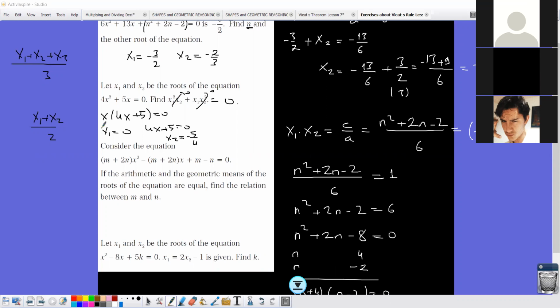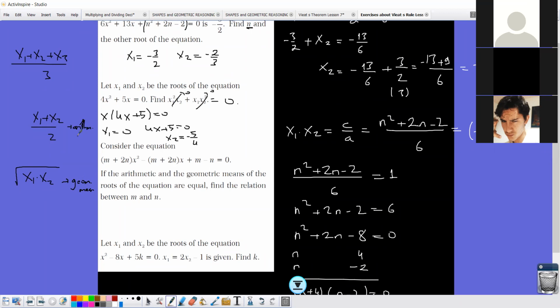Like we have here x1 times x2, square root. How many terms? We have 2 terms, so it is square root. If you had 3 terms, it will be cube root of them. Okay, teacher, I understand. This is geometric mean, and this one is arithmetic mean.